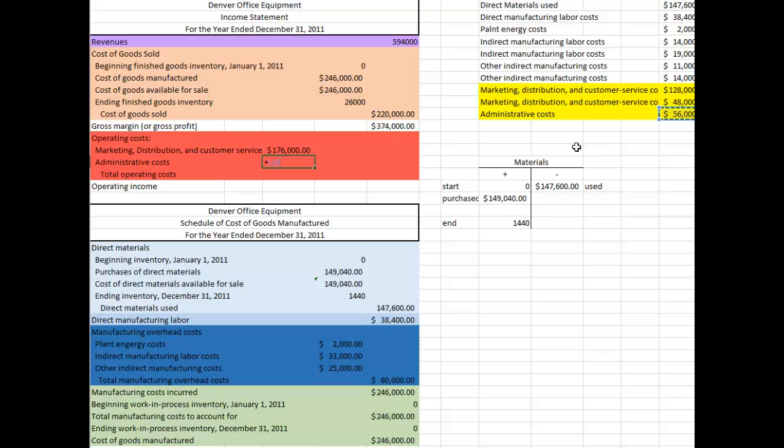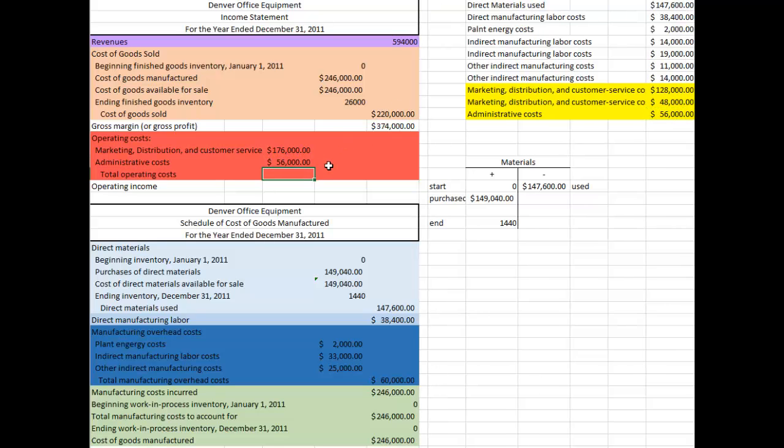And my administrative costs are this $56,000. So my total operating costs are going to be the two added together, 232,000. So my operating income is my gross margin minus my total operating costs. So my operating profit or my operating income is $142,000.